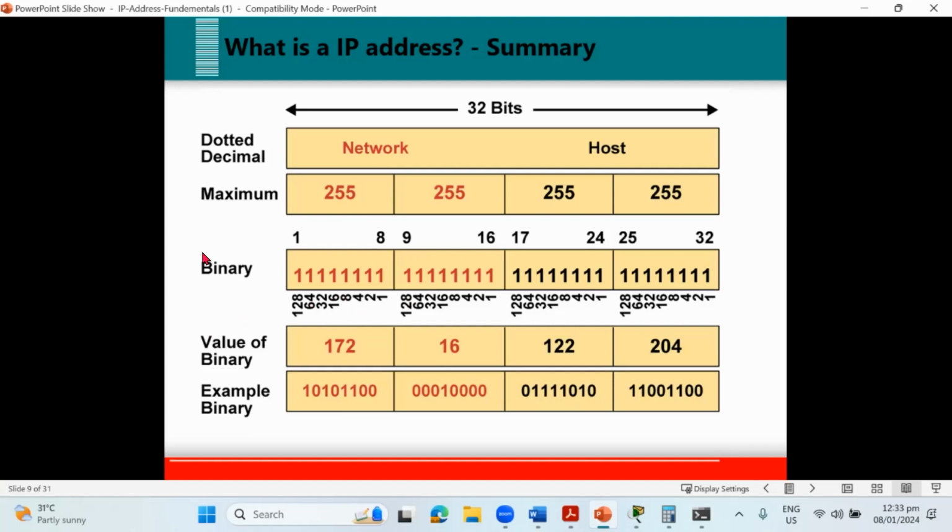When we add them, that is equivalent to 255. So that is the summary for the address.